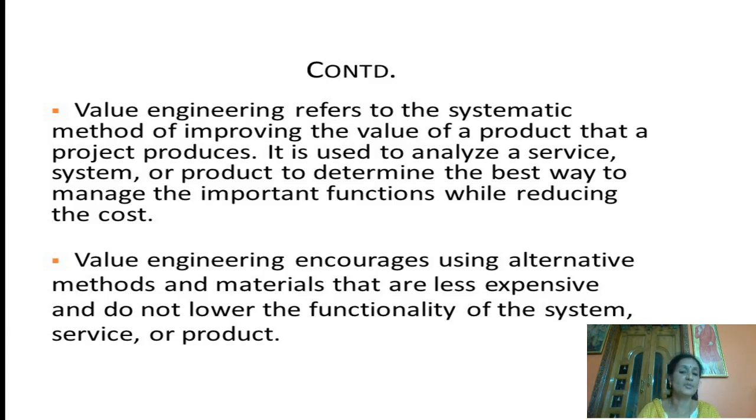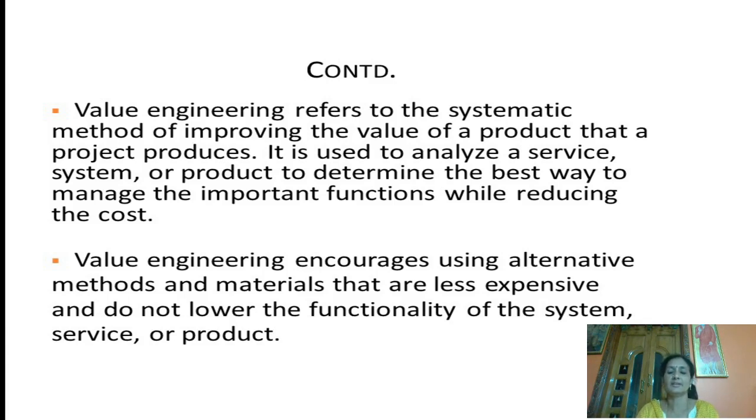So cost has to be reduced. The functions have to be the same. And how is it possible? It is possible by value engineering. The method is using alternatives which are of lower cost, but it should give the same output or same outcome.